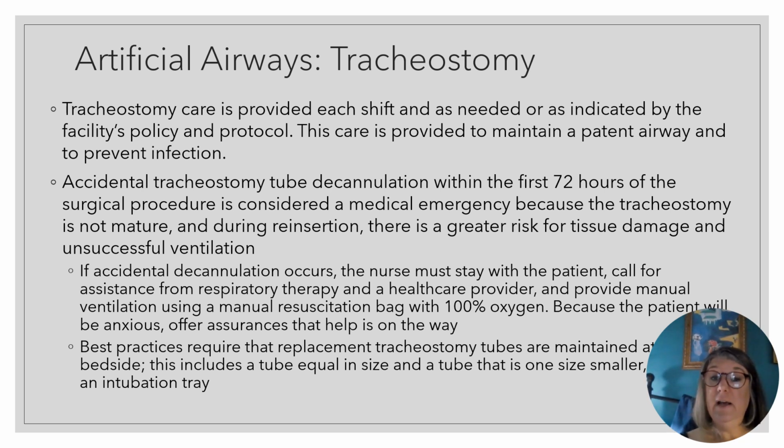A complication is decannulation. That means that tracheostomy tube has come out. That is a big concern, especially 72 hours after the surgical placement of a tracheostomy tube. That's because the stoma has not matured. It's still moving around, you know, there's less stability there. Our biggest concern is that if that tracheostomy comes out, we will not be able to get it back into that same tract.